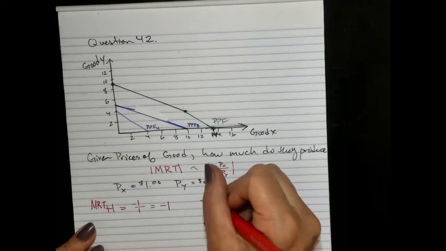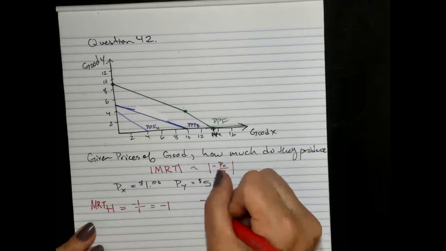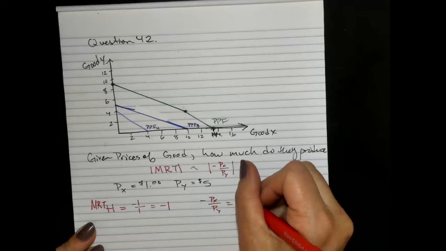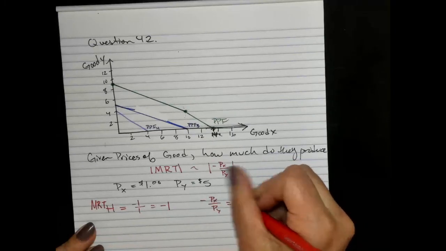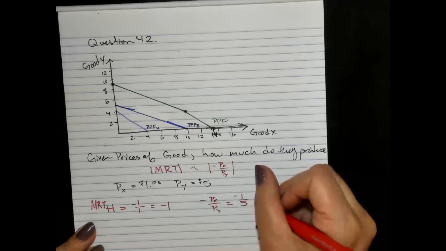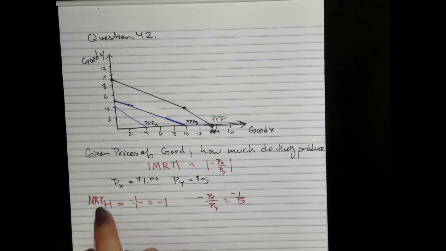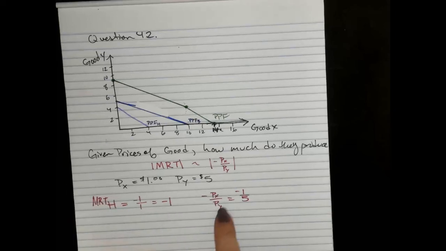The ratio of prices is going to be 1/5, or you can calculate that out mathematically if you want, but we can see already that the marginal rate of transformation is greater than the ratio of prices.